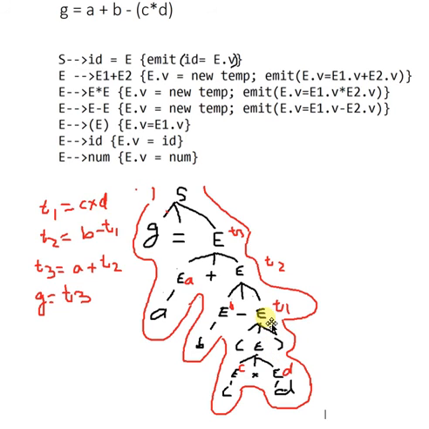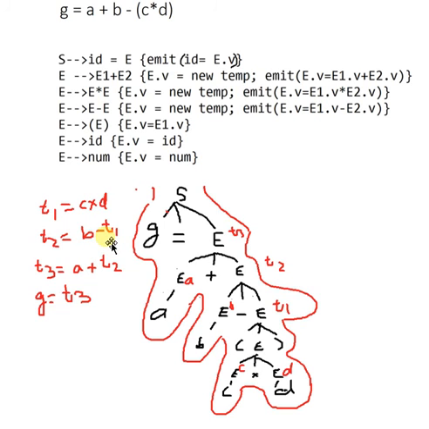And when we come to this point, E goes to E minus E, we use this rule, and that is create a new temp variable t2, and print the left child's attribute, that is b, minus right child attribute, that is t1. So we write here t2 equals b minus t1.